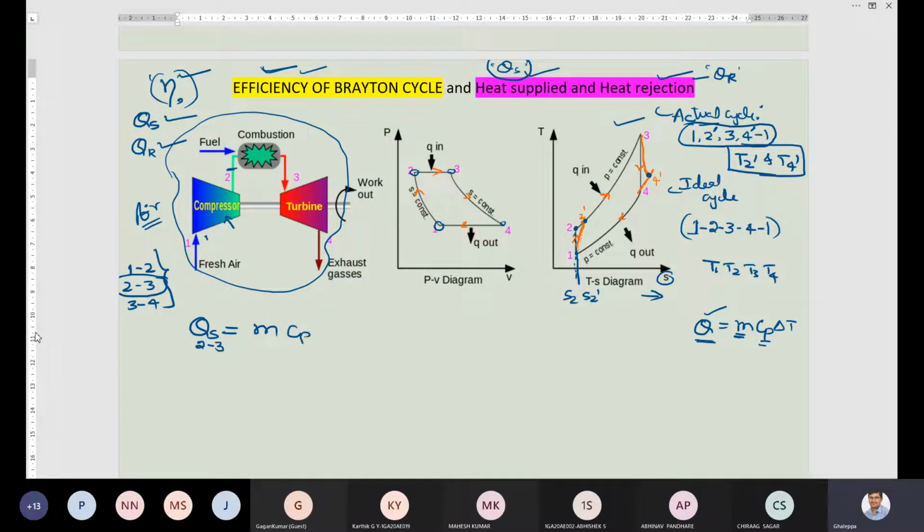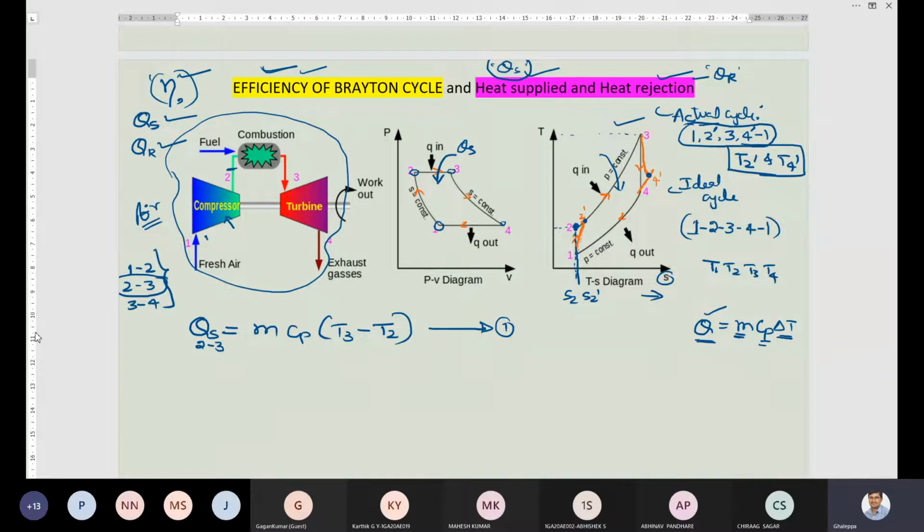In the PV diagram, 2 to 3 is heat addition; here is the 2 to 3 process. This is heat supplied. And in the TS diagram, from 2 to 3, here is the heat supplied. When you are writing a temperature difference, always take the highest temperature first, that is T3 minus T2. This is the heat supplied equation. This is equation number 1.